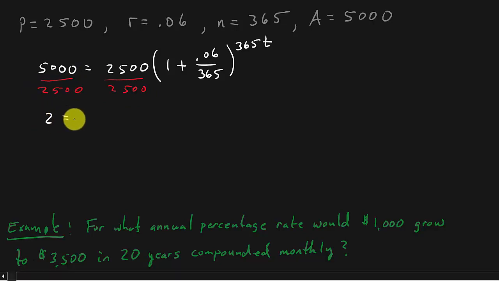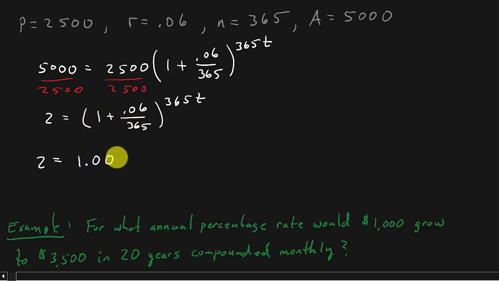So I get 2 equals 1 plus 0.06 over 365 to the 365t. Now, when you push this into your calculator, you get 1.000164384. And that is raised to the 365t.